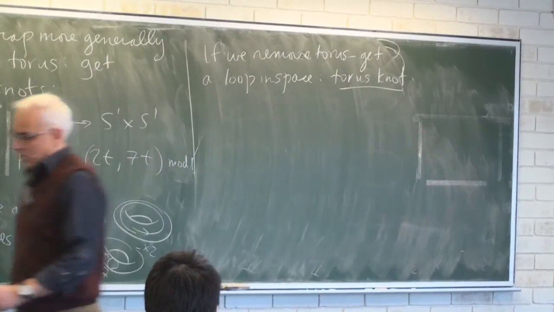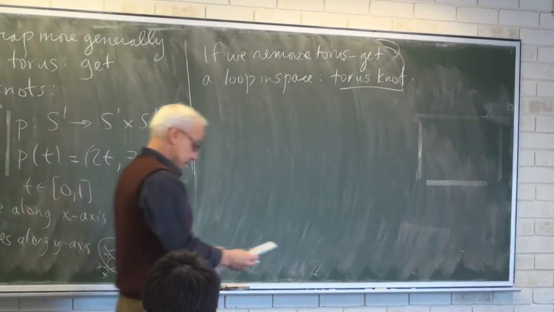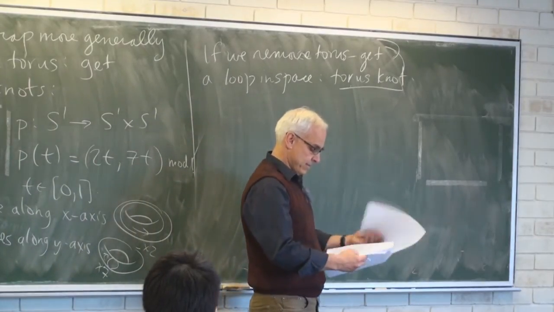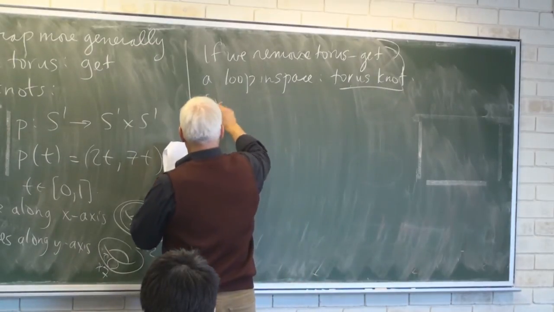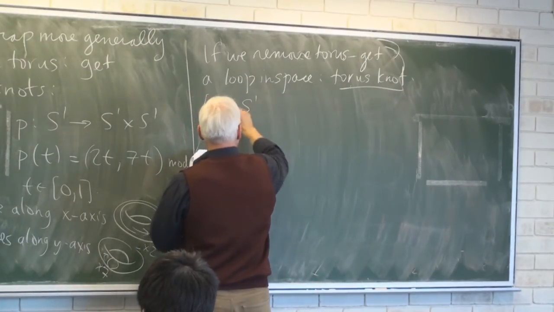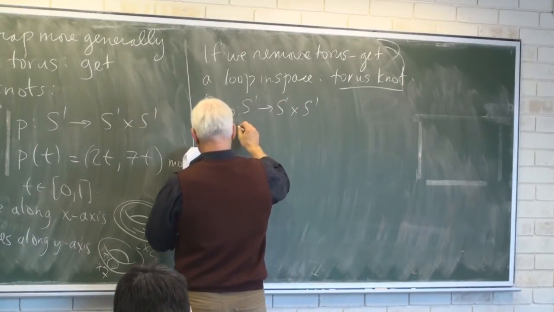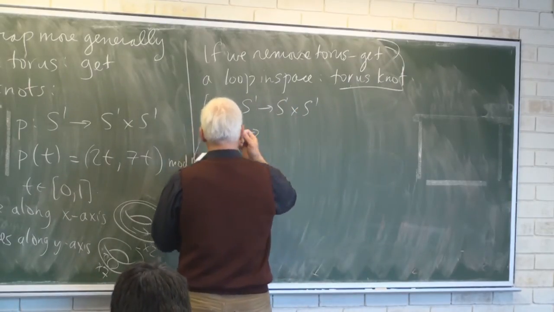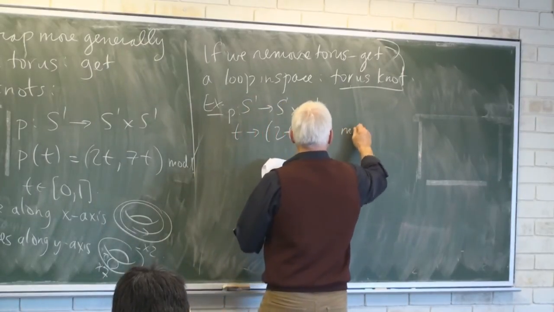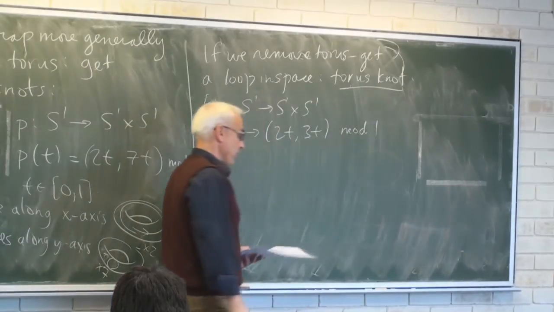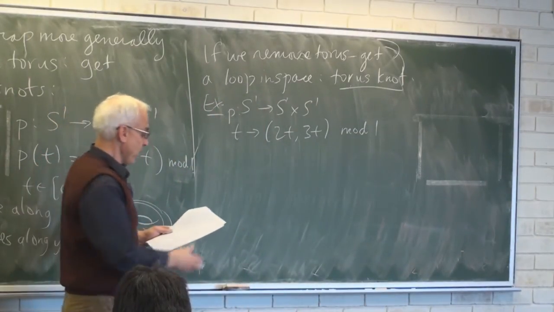And let me try to show you what happens in a simpler case. So here is the somewhat simpler case when we have the map T goes to (2t, 3t) mod 1. We go twice around the x-axis and 3 times around the y-axis.